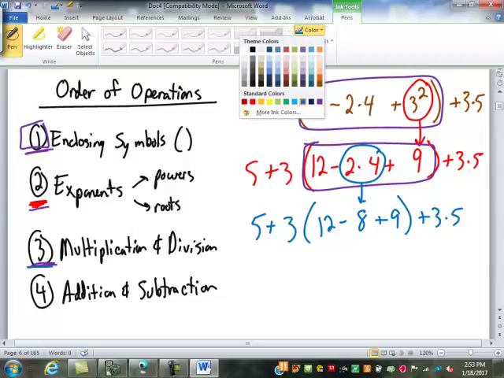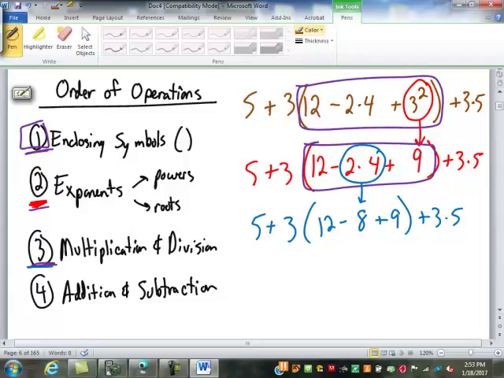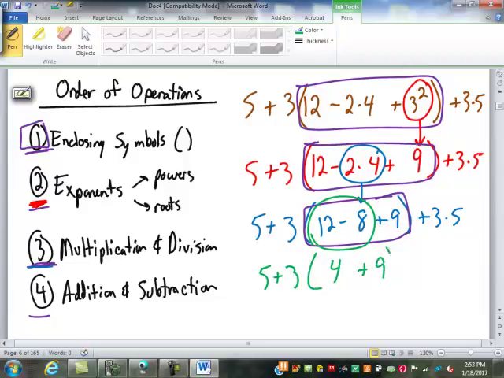Okay, so now, yes, we're still inside that parentheses, but it's all addition and subtraction, so it's all on the same level, so we're just going to go left to right. So 12 minus 8 is 4, and 4 plus 9 is 13.